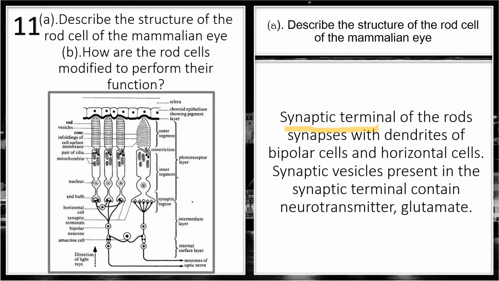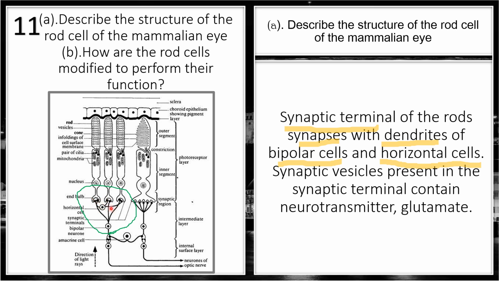The synaptic terminals of the rod synapse with the dendrites of the bipolar cells and horizontal cells. These are the synapses, and they have dendrites in them.